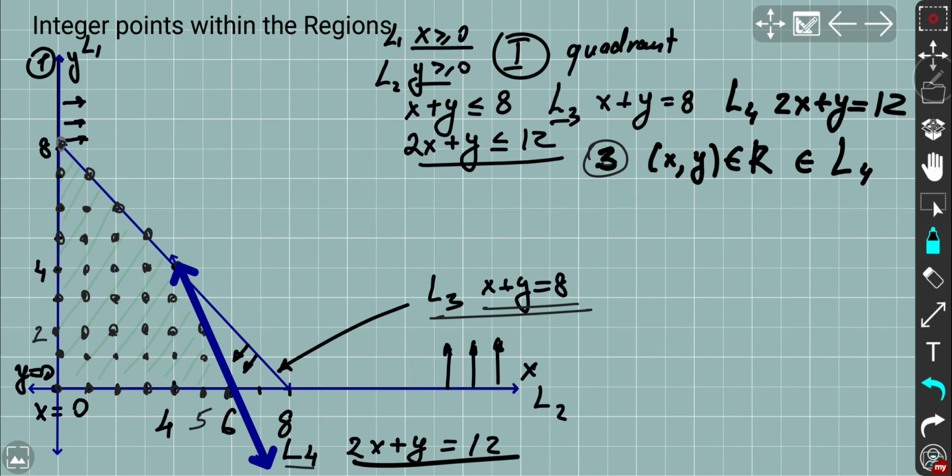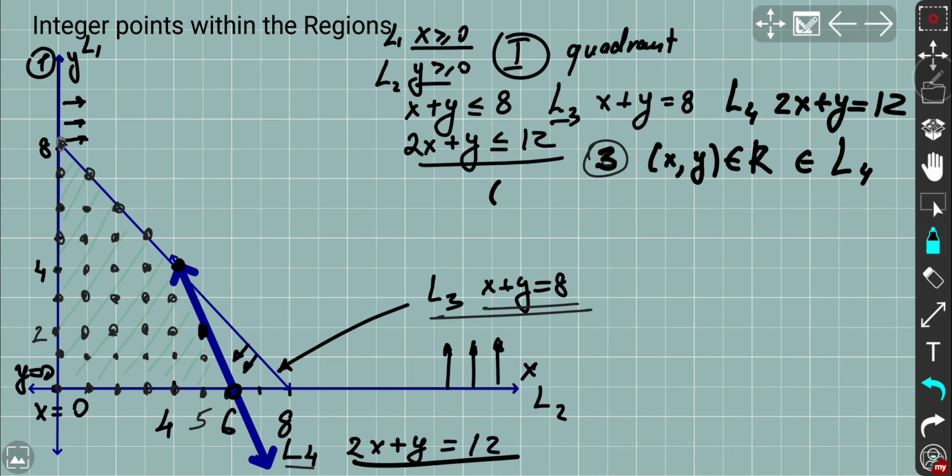And right now I'm going to simply state the coordinates of all integer points within the region and adhere to the line. So actually only those 3 points, so that's why I just list them.